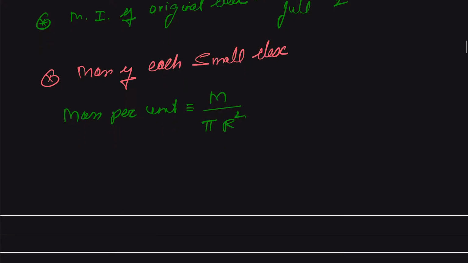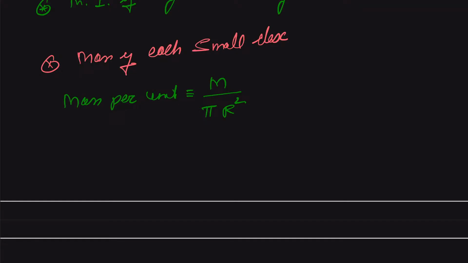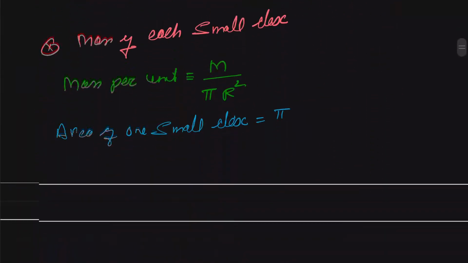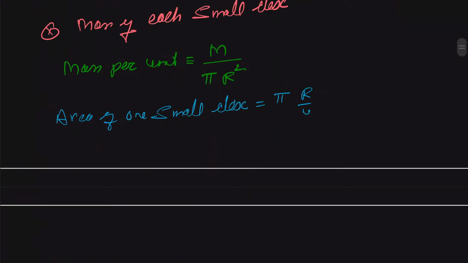From here we can easily calculate the area of one small disk, which is pi times the radius r by 4, whole square, so this comes as pi r square upon 16.